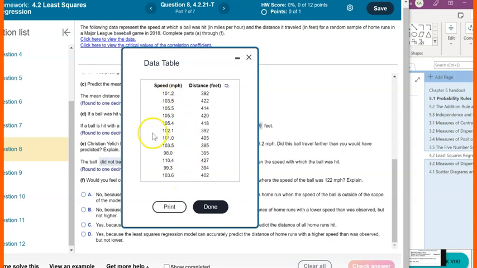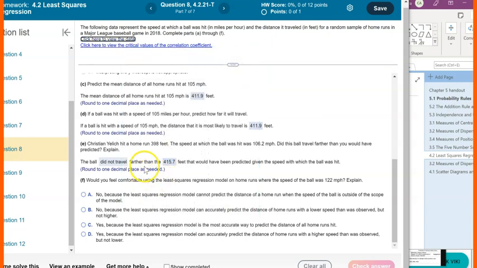Here, the majority of the speeds are between 98 and, let's say, 105, right? The question says, would you feel comfortable predicting the distance if the speed of the ball is 122 miles per hour?